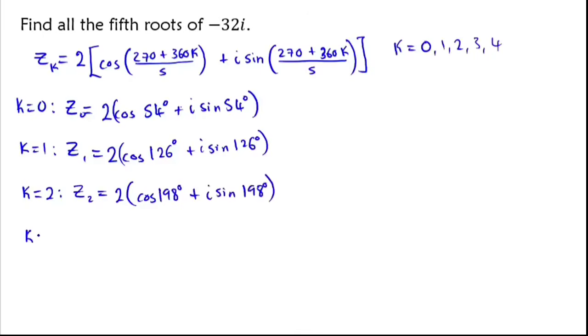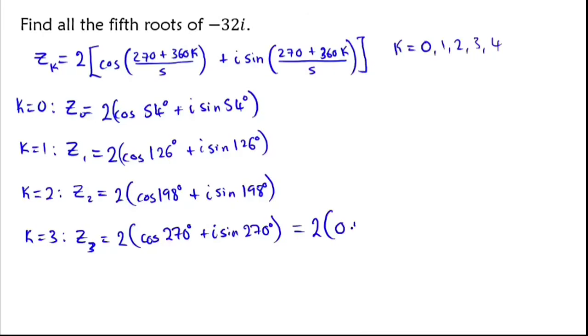Okay. How about when k is 3? What is z3? So z3 will be 2, then 360 multiplied by 3 plus 270 divided by 5 is 270. So that will be cos 270 plus I sine 270. For this one, I can get the value without decimals because this will simply be 2 times 0 plus I times negative 1.